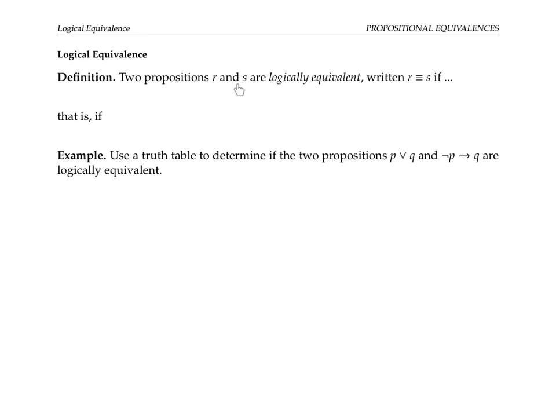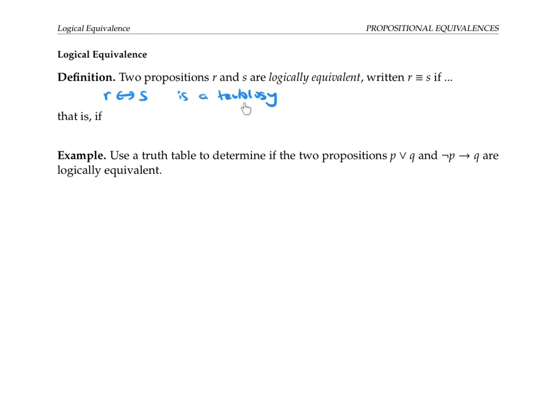Two propositions R and S are said to be logically equivalent, written with this triple equal sign, if the compound proposition R, if and only if S, is a tautology. Always true. Well, remember, an if and only if statement is true when both of the pieces are true or both of the pieces are false.